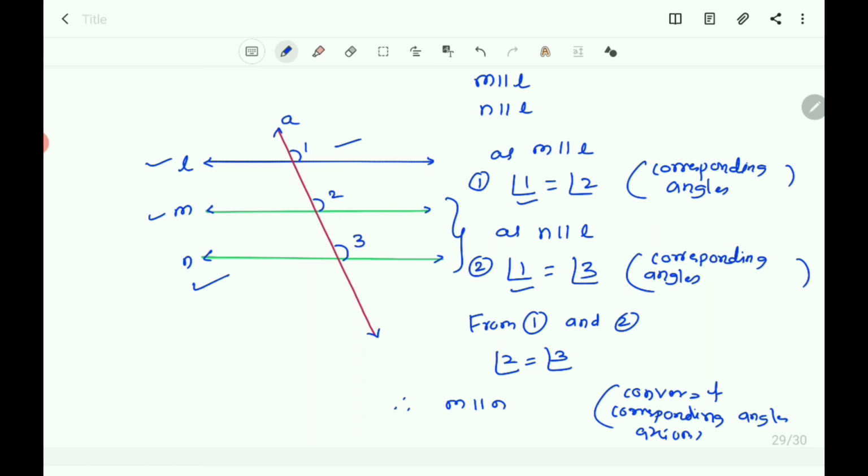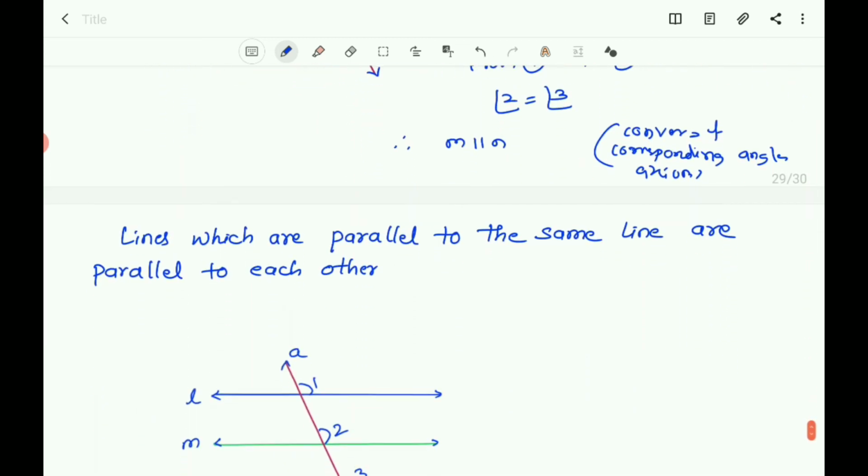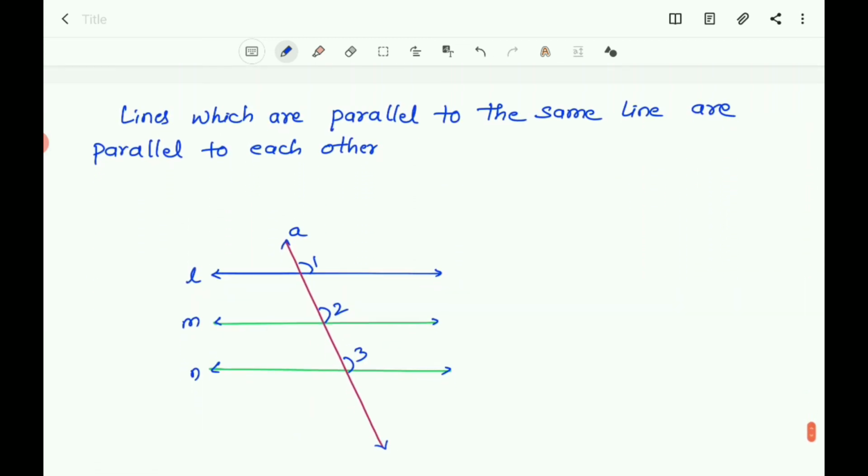So what you can see here? The lines which are parallel to the same line are parallel to each other. So you have this statement here. What is the nature of the lines parallel to the same line? Lines which are parallel to the same line are parallel to each other. So what you can write?